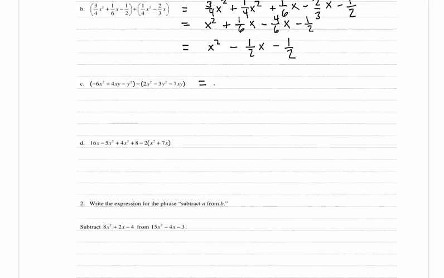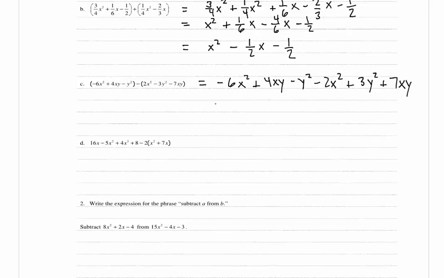So I'm going to group them together. And when you have a minus sign, you need to make sure to distribute this negative to each term. So that's the first thing I'm going to do, is rewrite this whole thing and distribute the negative. So I have negative x squared plus 4xy minus y squared minus 2x squared plus 3y squared plus 7xy.